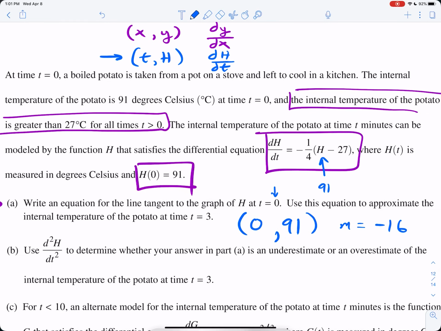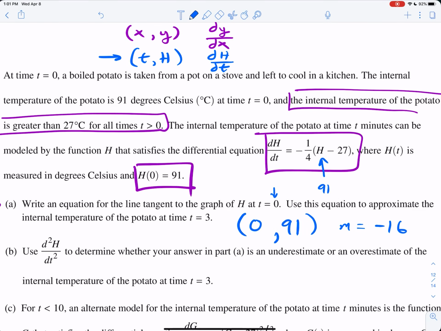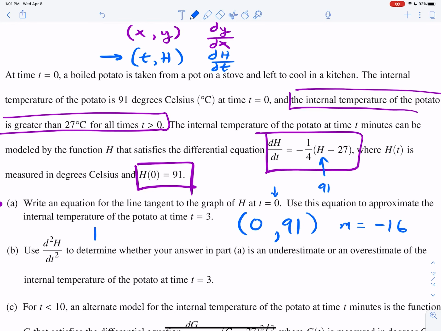So that's going to be y minus y1, but in this case it's going to be h minus h1 equals the slope times t minus your other t value.